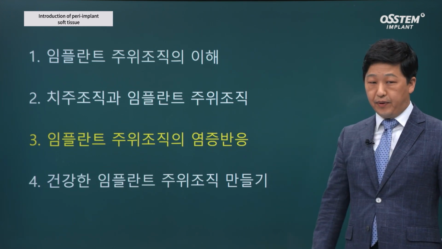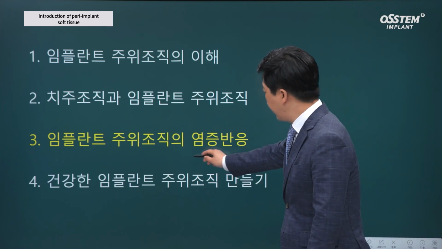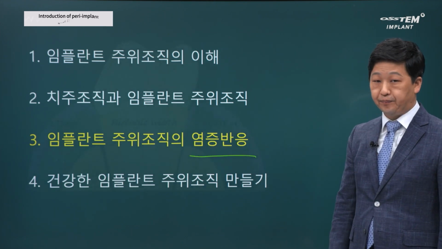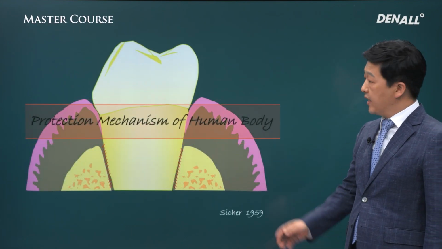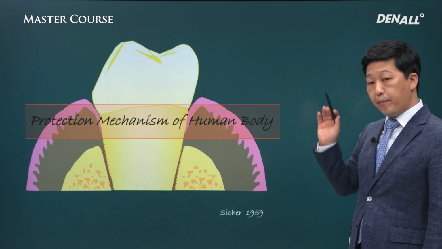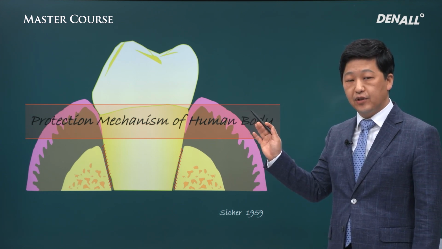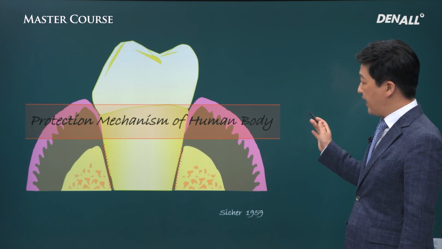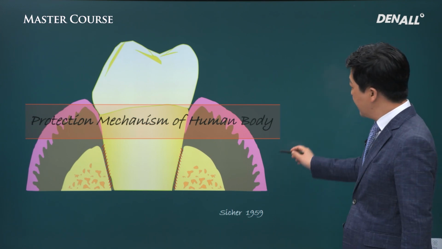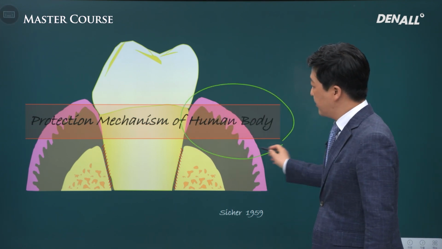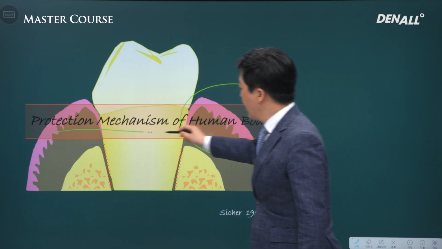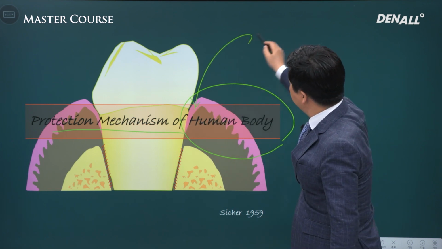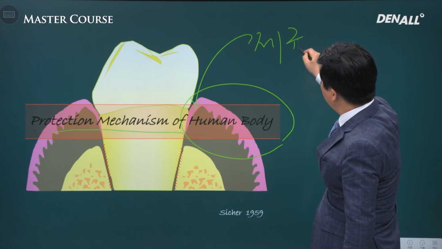Third, inflammatory response of peri-implant tissue. Around natural tooth and around the implant, there is biological width. The most important role of biologic width is to provide protection from exterior sources like bacteria.